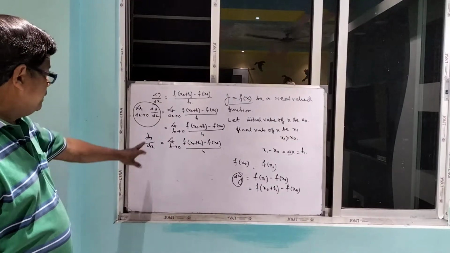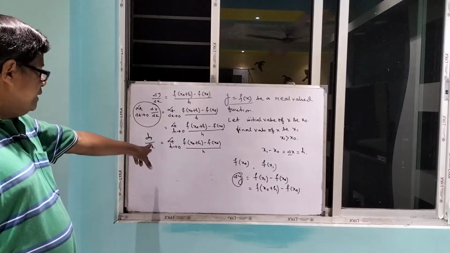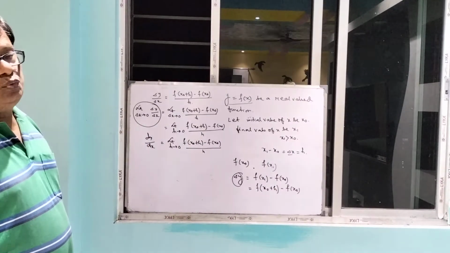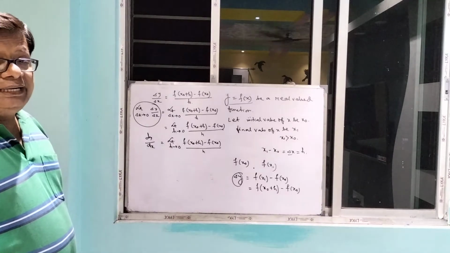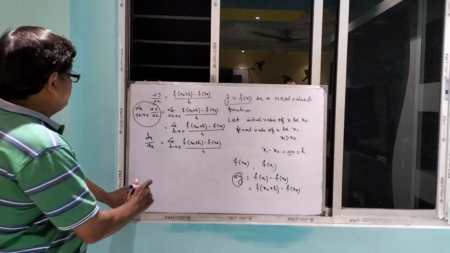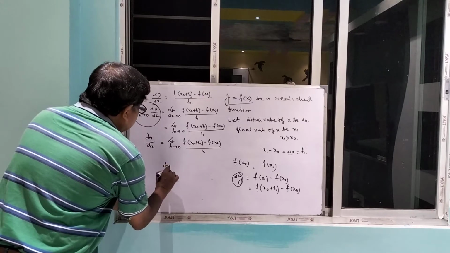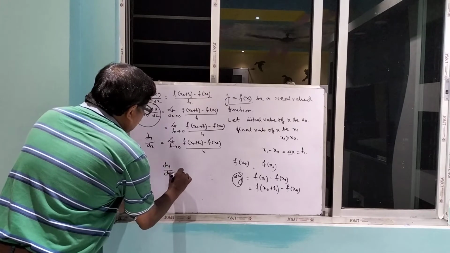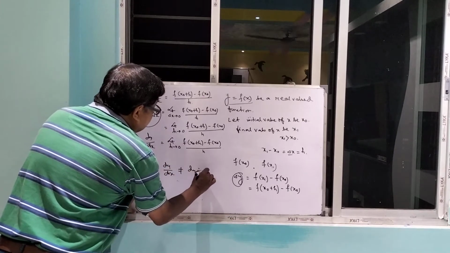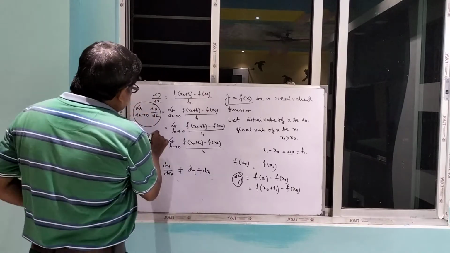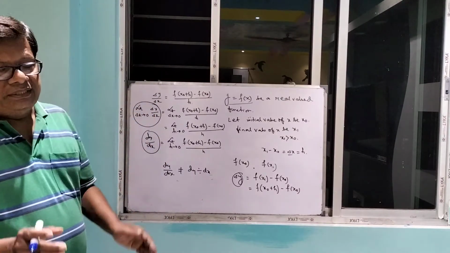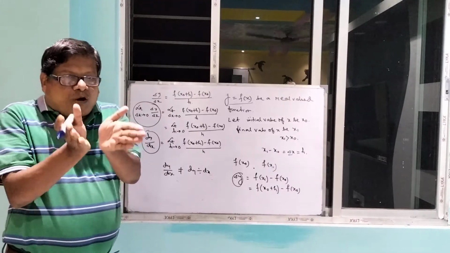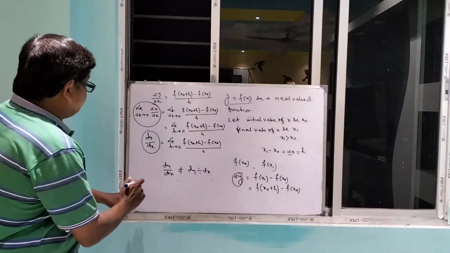Okay, dy dx. Keep in mind dy dx is not equal to dy divided by dx. Okay, so this will be dy dx. Keep in mind not equal to dy divided by dx. Now we are using here d by dx of y. So d by dx is here an operator, one operator.